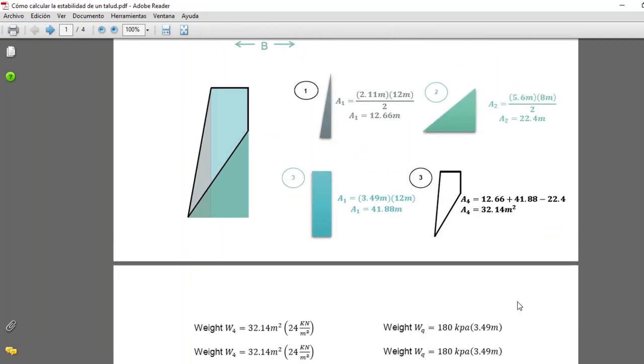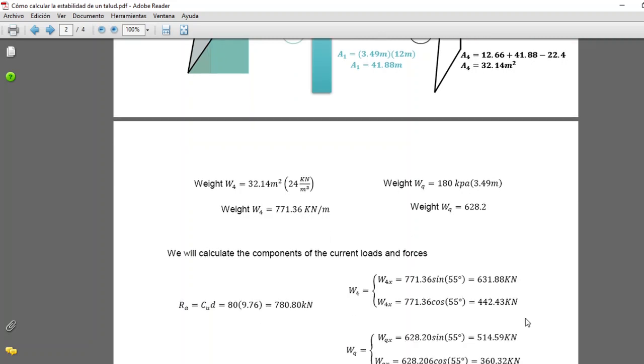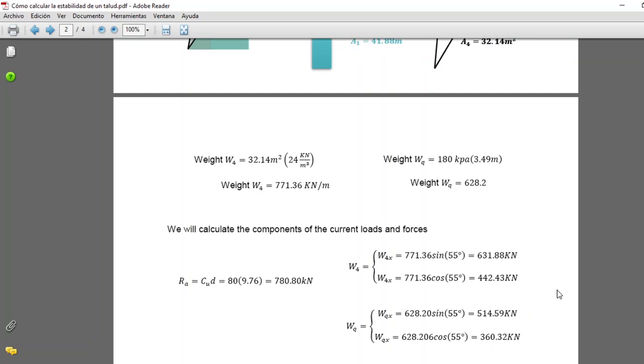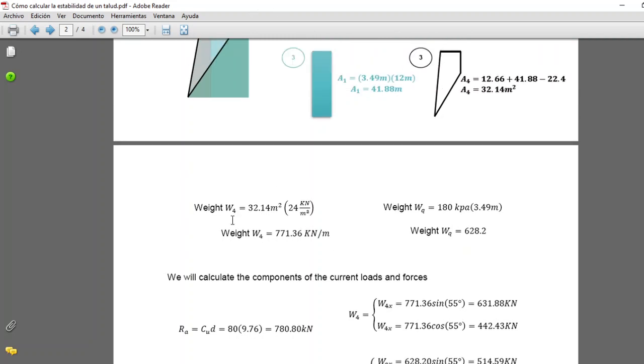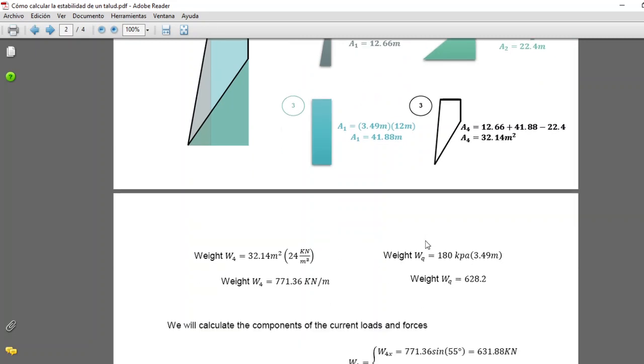Okay, so sorry. We will calculate the components of the current loads and forces, but we need now the weight of W4, that is, and we need to know the weight of Q, that is a specific weight, that unit weight.